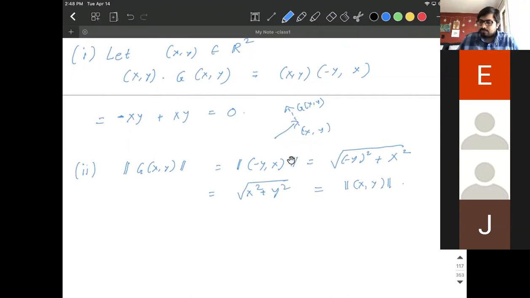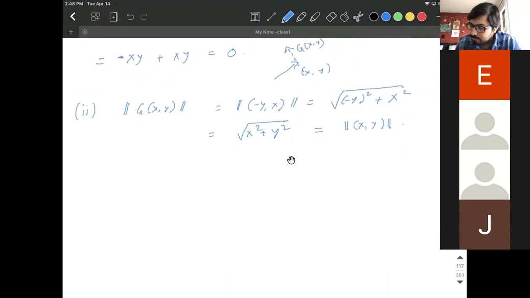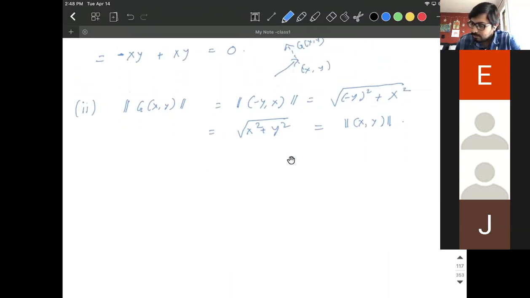Okay, so the length of G(x, y) is exactly the same as the length of the vector. So the vector and its direction given by G have the same length. Okay, so with these two pieces of information, one can draw the picture.